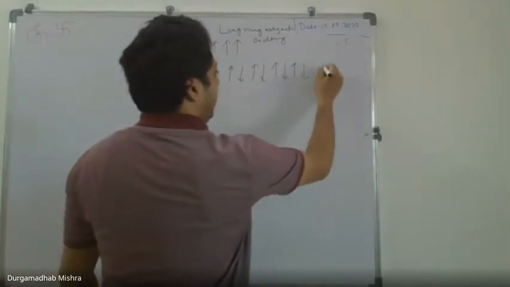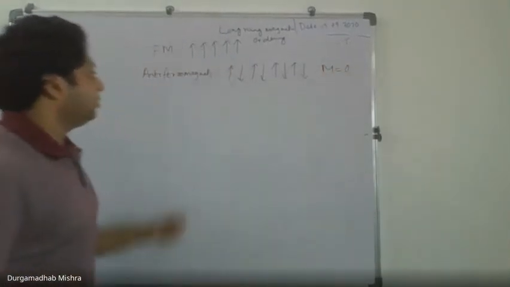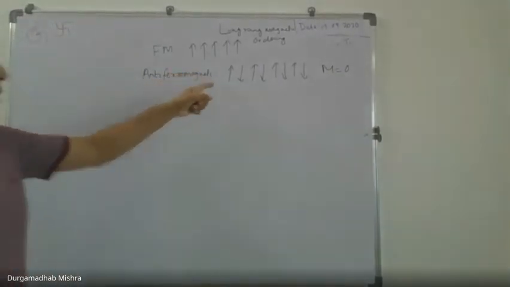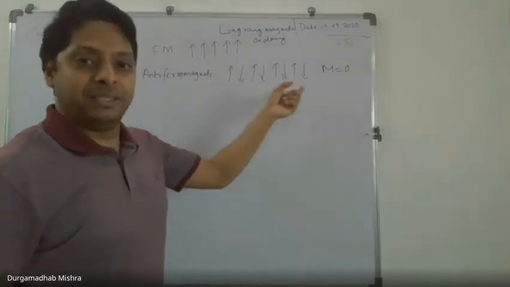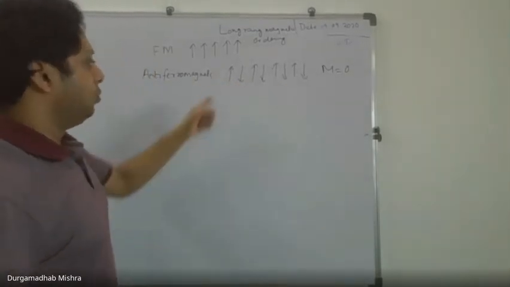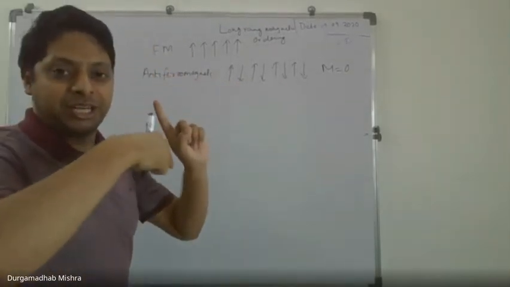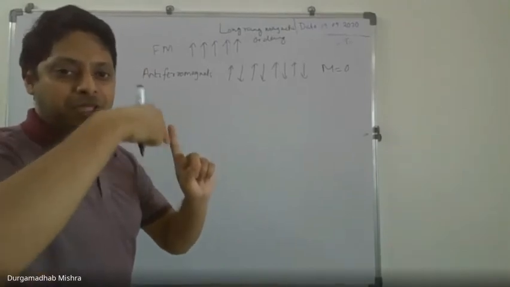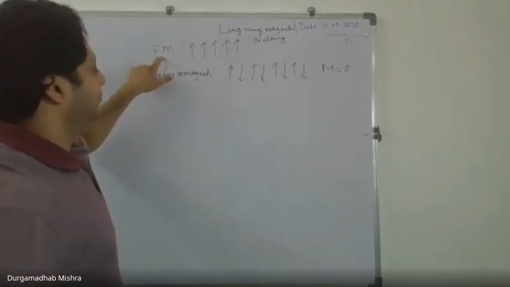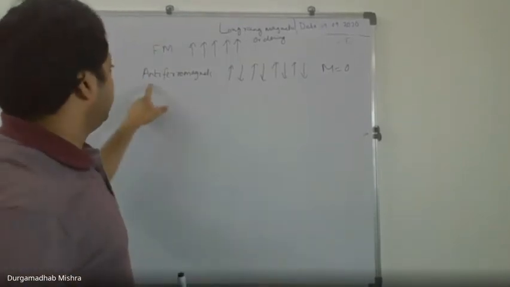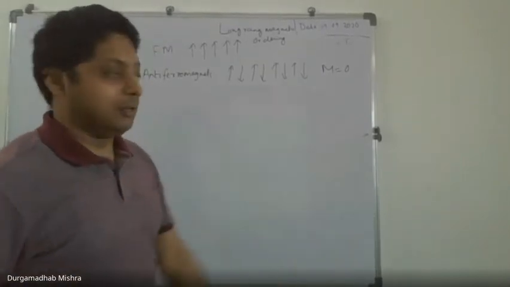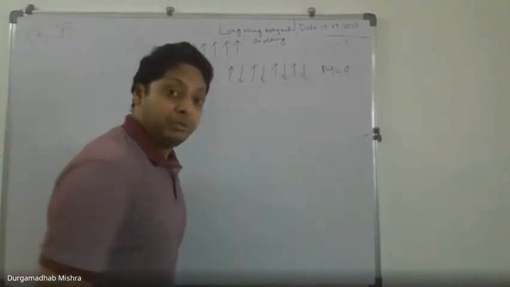So in this case, M is equal to 0. Okay, so this is called antiferromagnets. In nature, there are a lot of materials which show this kind of magnetic configuration, where adjacent or neighboring spins are anti-parallel to each other. So in a ferromagnet the spins are all parallel, but in antiferromagnets they are anti-parallel. So the net magnetic moment will be 0.